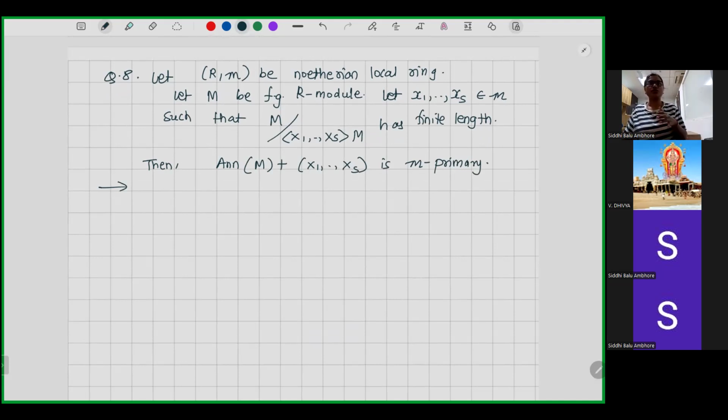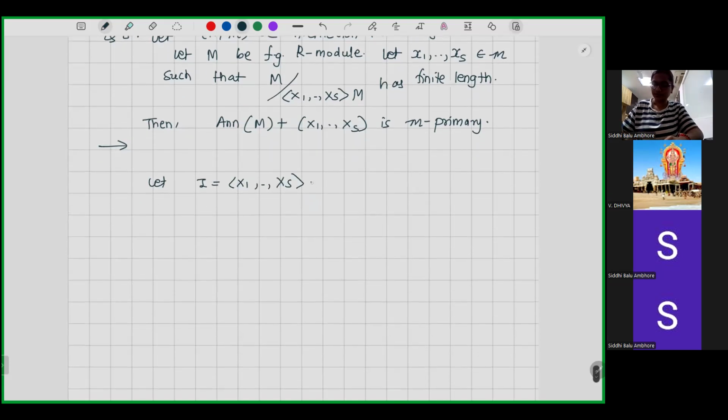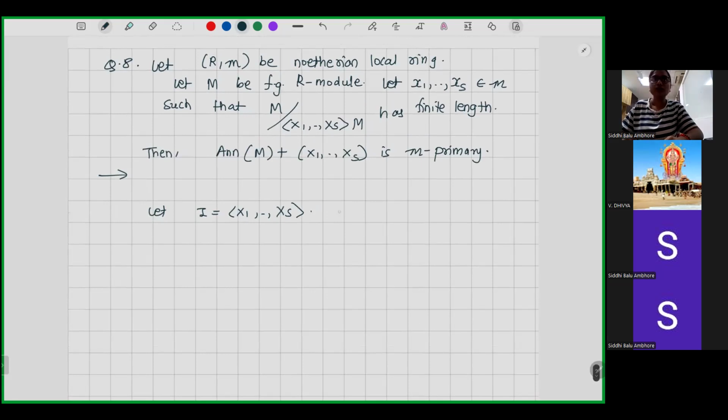Okay. So let us give notation. I is equal to (x1 to xs), and we have that the length over R of M mod IM is less than infinity.